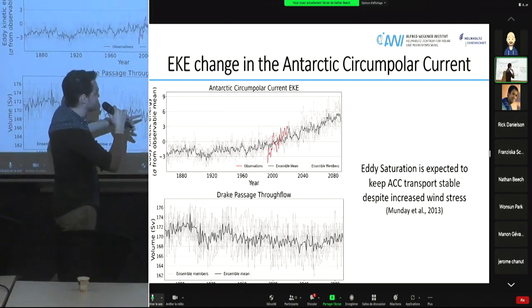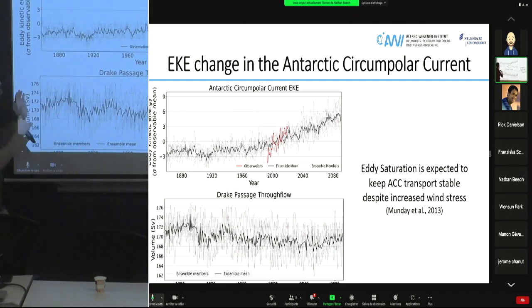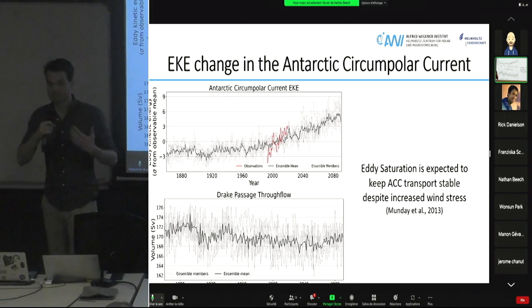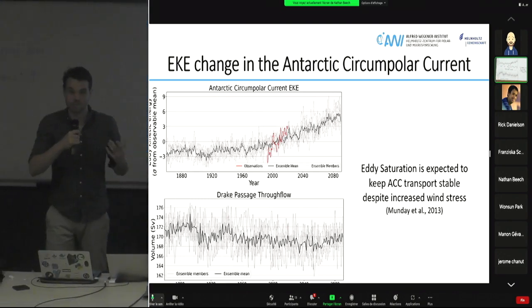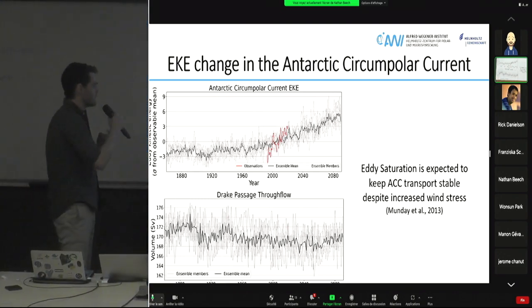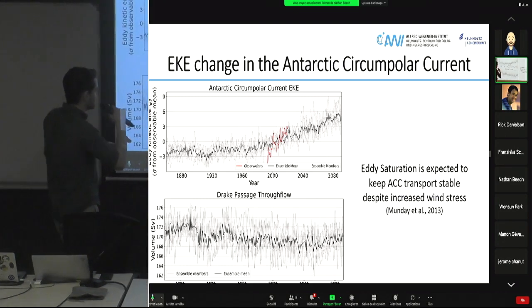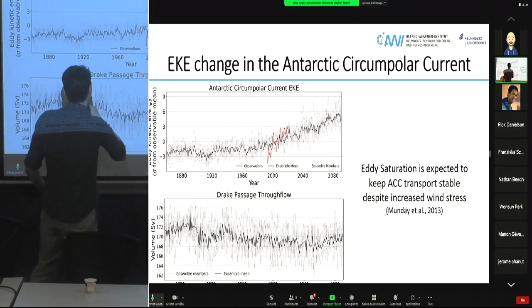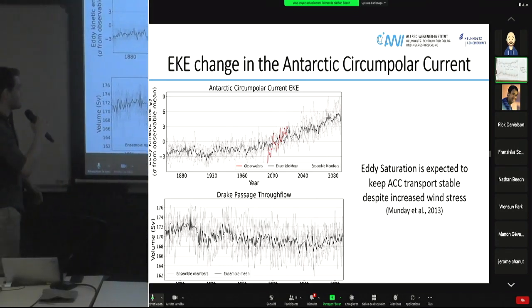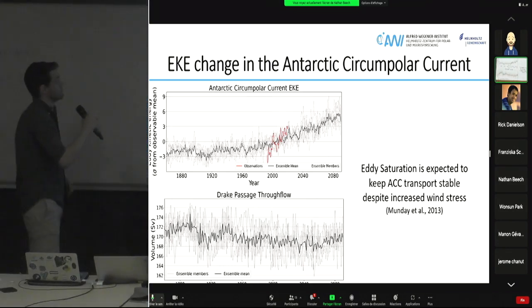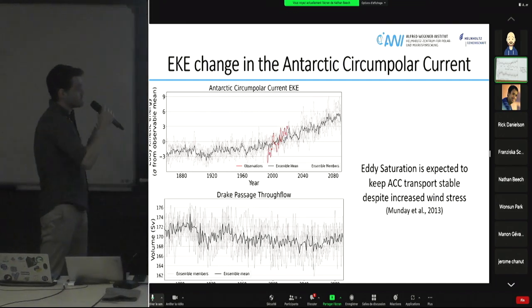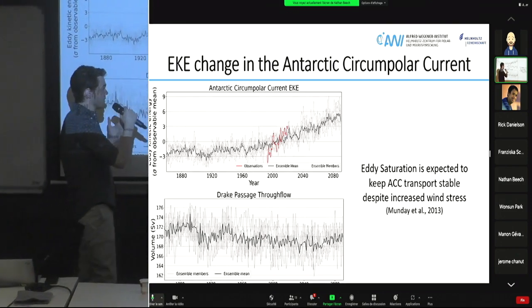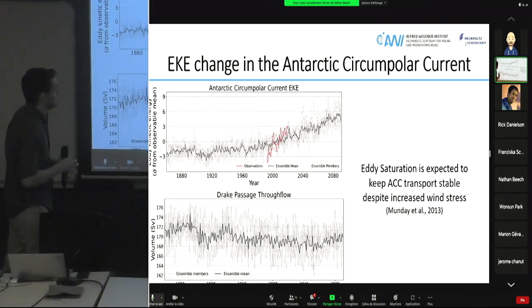I can tell you that the difference between the early historic period and the end of the projected period here results in a difference of about 2%, which is probably physically inconsequential, and as well, we would expect the other trend if we were expecting an increase in ACC strength. And so what that suggests is that the ACC simulated by PHASOM is at or around its eddy saturated state.